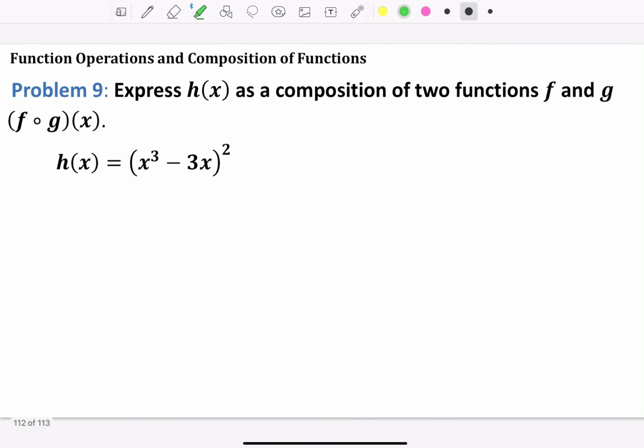Here's an example. Express the given function h of x as a composite function. We are given a composite function, and we are looking for what two functions were composed to give us this new function.